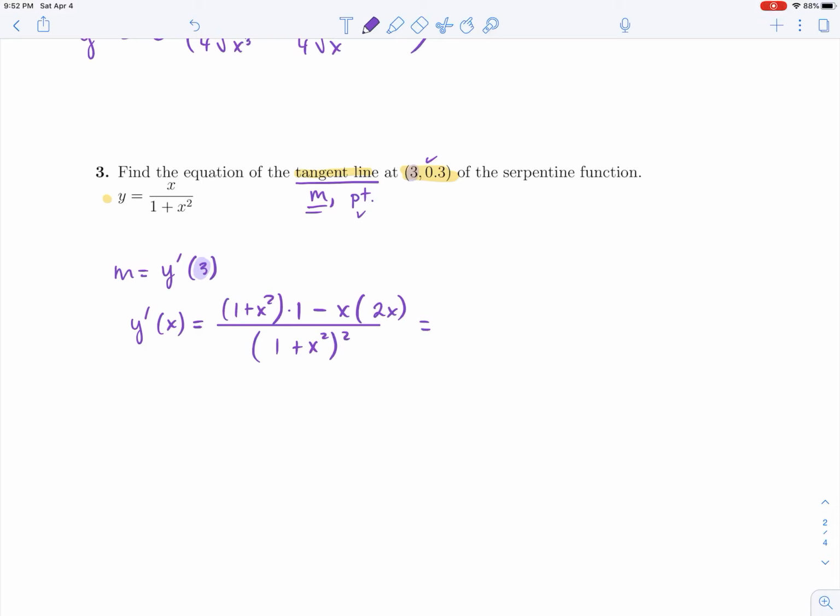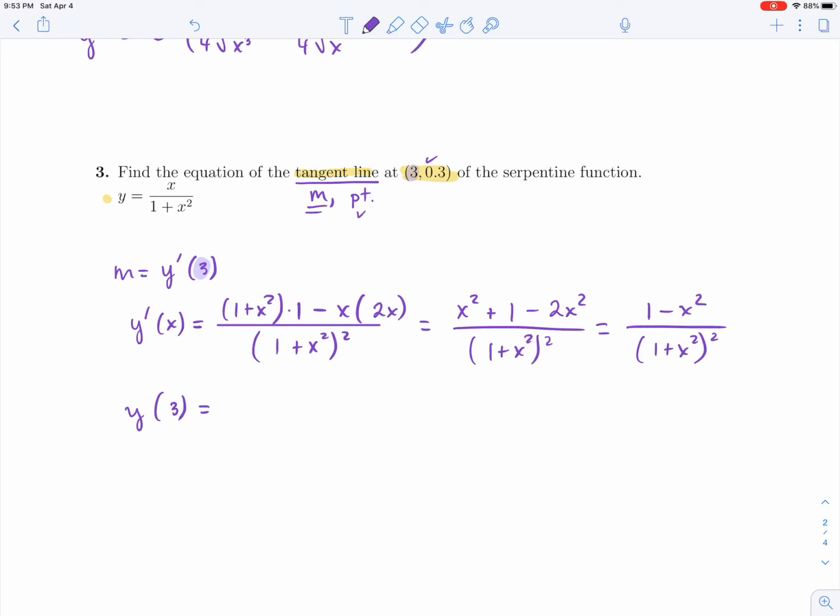Expanding this out, we don't really need to, do we? It might be helpful, but x squared plus 1 minus 2x squared over 1 plus x squared squared, which is 1 minus x squared over 1 plus x squared squared.